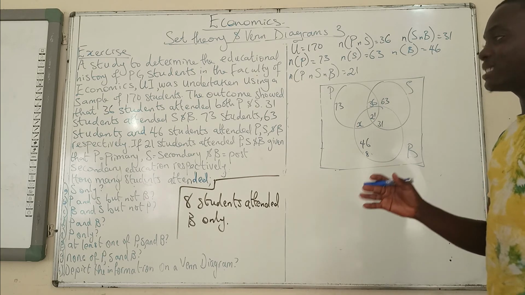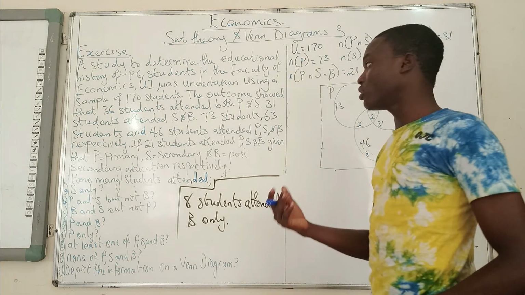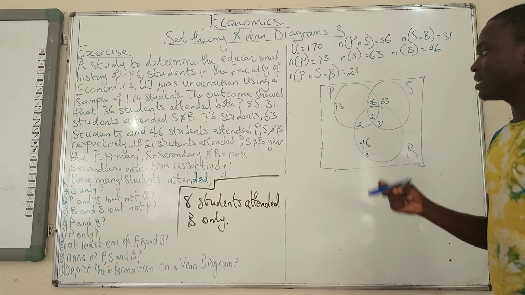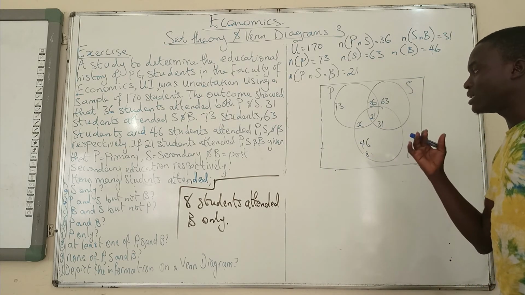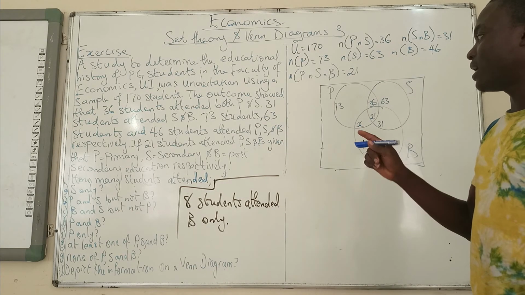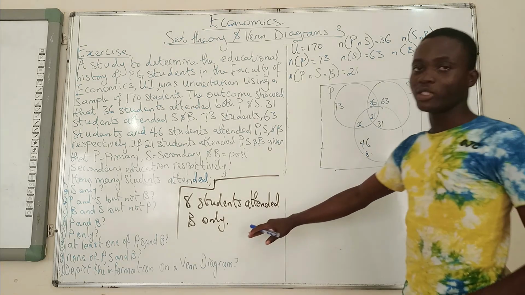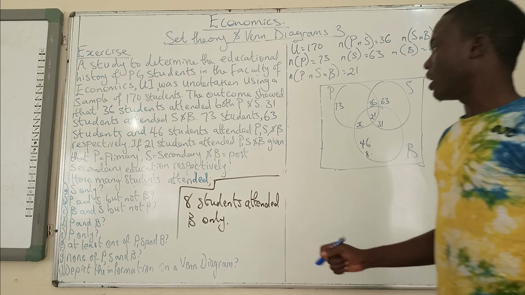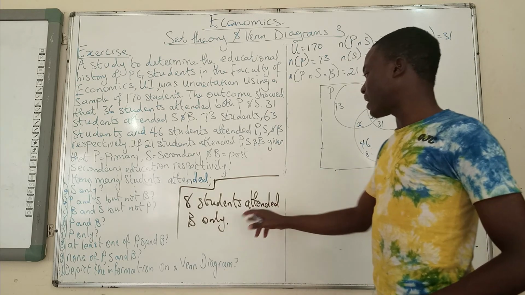31 students attended S and B, that is secondary and post-secondary. Now, 63 students and 46 students attended primary, secondary, and post-secondary education respectively. If 21 students attended P, S, and B, I missed this. This was meant to be part of the question, but somehow I didn't notice at first. So 8 students attended B only.